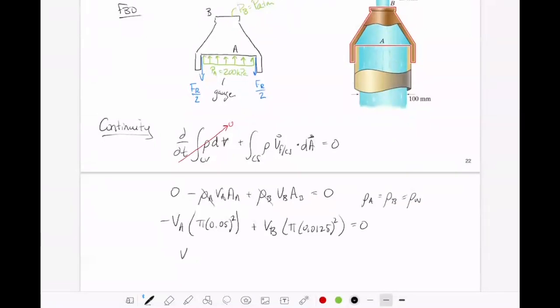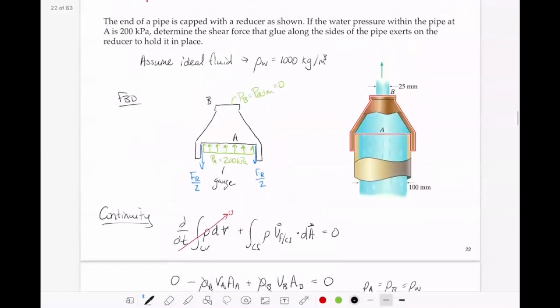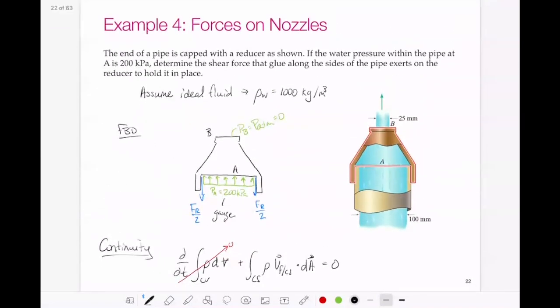We'd end up with VB is equal to 16 VA. So we know the velocity exiting the nozzle is going to be 16 times the velocity of the fluid entering the nozzle. So let's go back to our question.